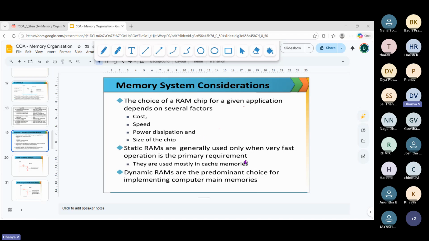So only when you require a very fast operation do you use static RAMs. Okay, so it is used in your cache memory. Dynamic RAMs are mainly used in your main memory. It's the predominant choice for implementing main memories. So yeah, it's just the difference.